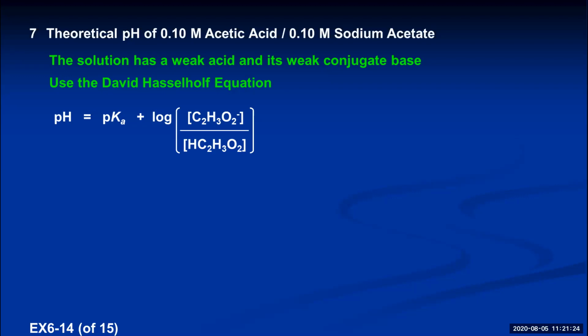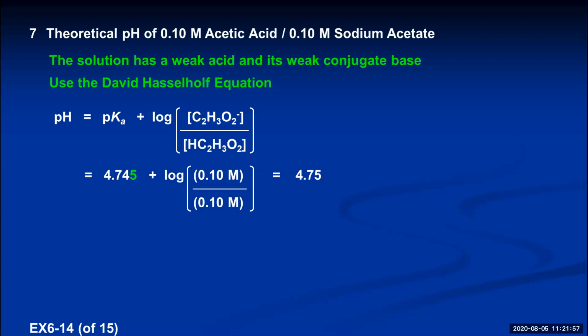So that's 4.745, plus the log of, in the numerator, the concentration of the acetate ions, and because the sodium acetate is 0.10 molar, the acetate concentration will be 0.10 molar. And in the denominator will be the concentration of the acetic acid, which was 0.10 molar. The log of 0.1 over 0.1, that's the log of 1, just becomes 0, so therefore the pH of the solution just becomes 4.75.